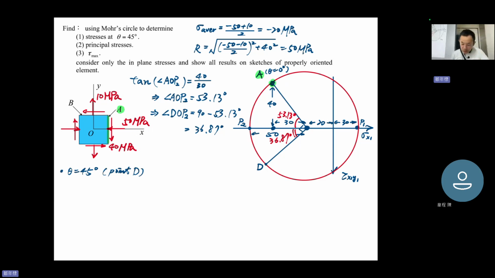And of course, I will say this angle I will use pink highlight later. Or I can draw it right now.